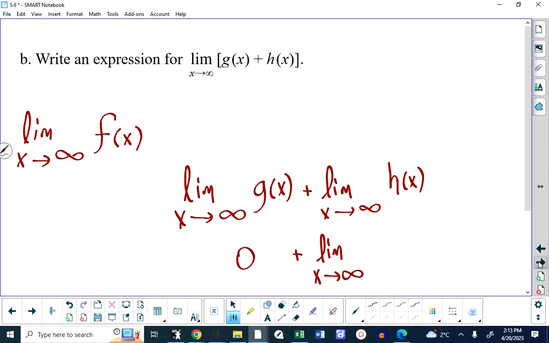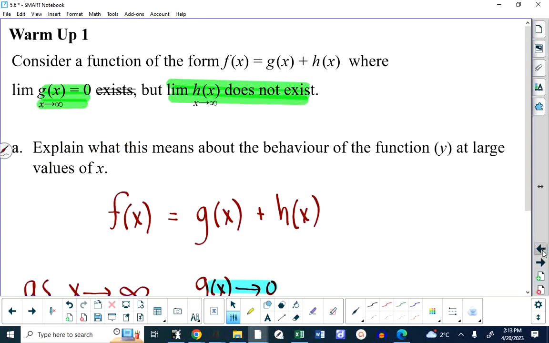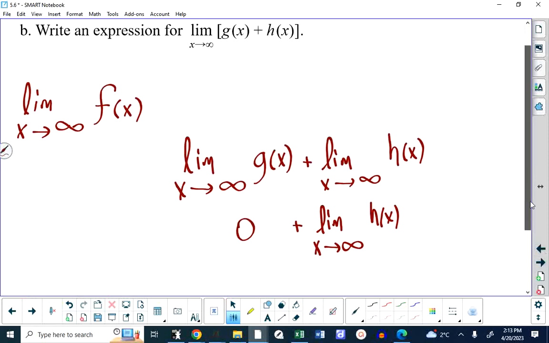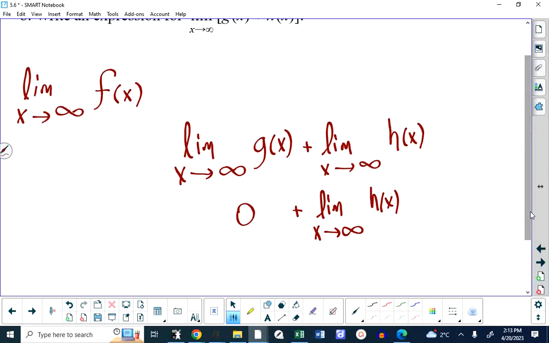Because the limit of g of x as x approaches infinity is 0. And here's where we have to be very subtle in thinking about this, because I think it was Jack who said, when I had asked what's the behavior of f of x at very large values of x, it doesn't exist. And the reasoning was because this limit we're left over with doesn't exist.